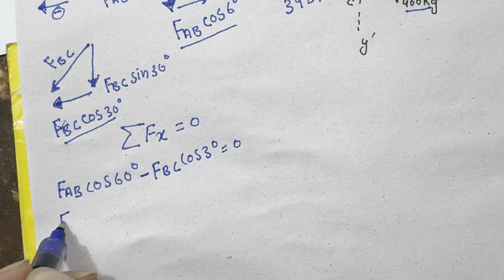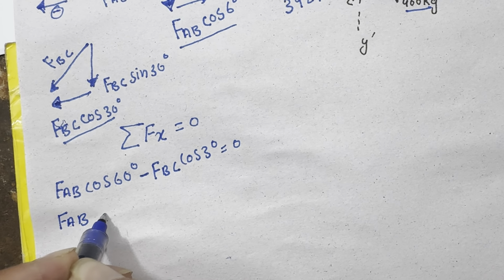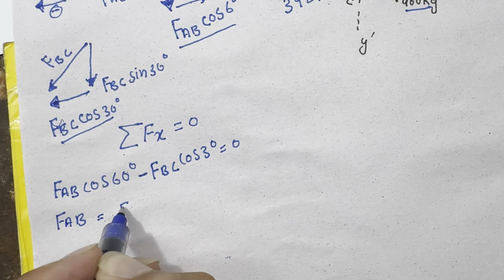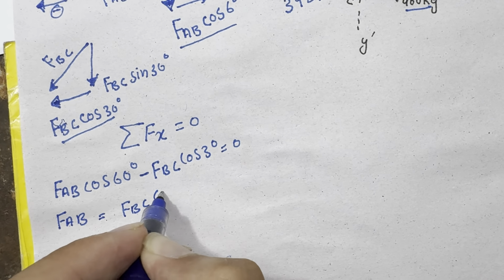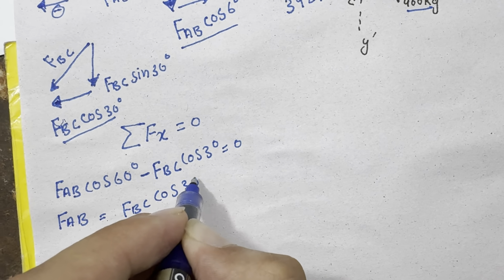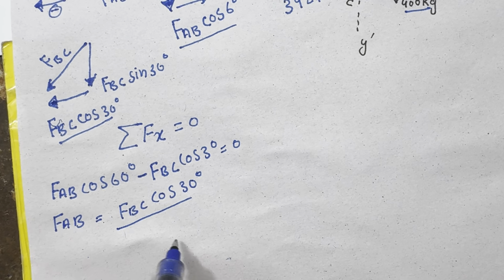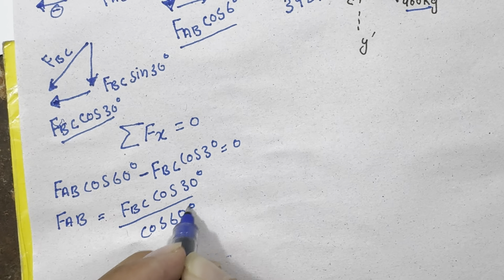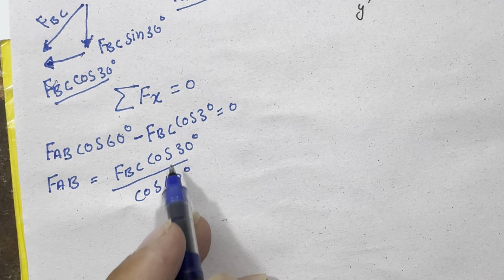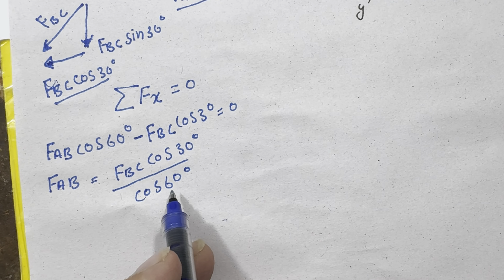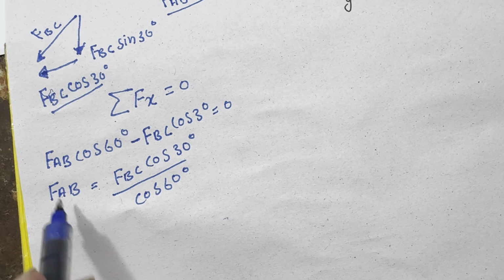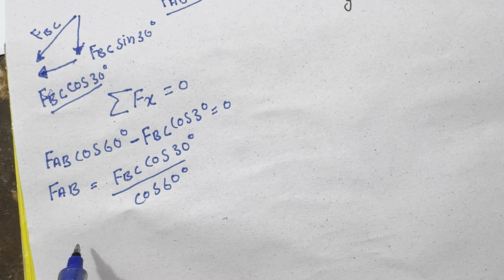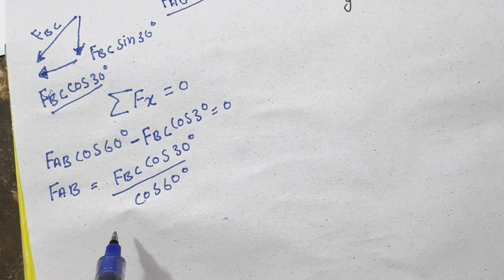So FAB will become equal to FBC cos 30 degree divided by cos 60 degree. I will calculate this in my calculator.